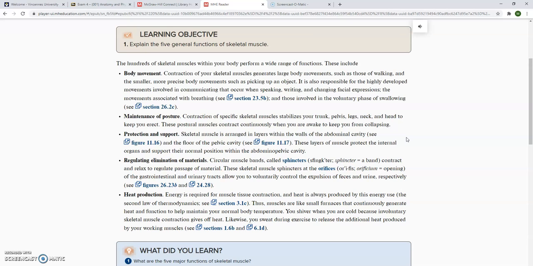So body movement, support, protection, maintaining our posture, and then the other two. Usually people don't think of this one, even though it's something that we are familiar with, but we may not know that it's skeletal muscles that are doing this, and that is elimination of materials. Primarily we're talking about elimination of urine and feces. We're going to start talking about sphincters in this chapter, and then you'll specifically name certain sphincters within the body as we move on to other body systems.